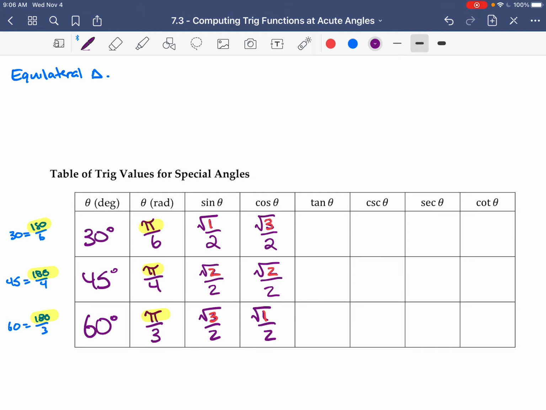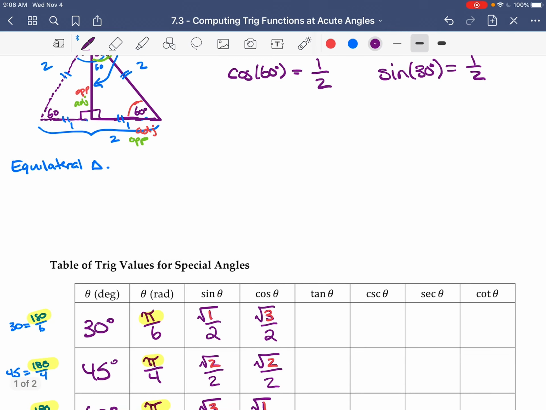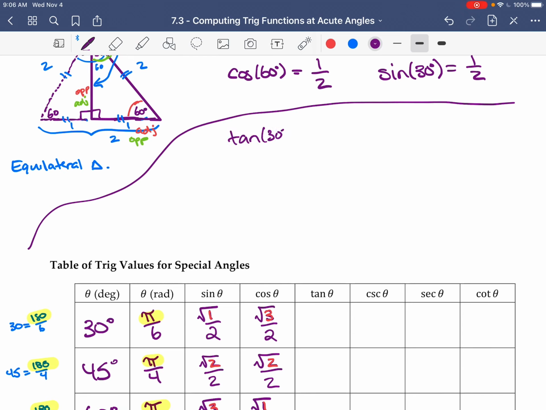So then for tan, we just want to divide these things. So tan of 30 degrees is sine of 30 degrees, so 1/2, divided by cos of 30 degrees, so root 3 over 2.